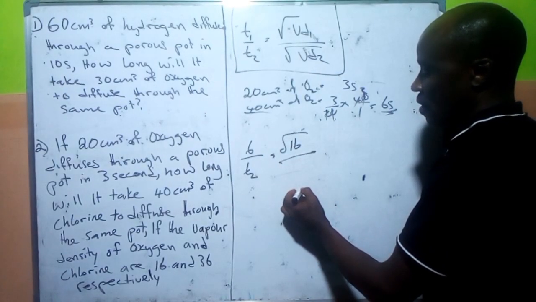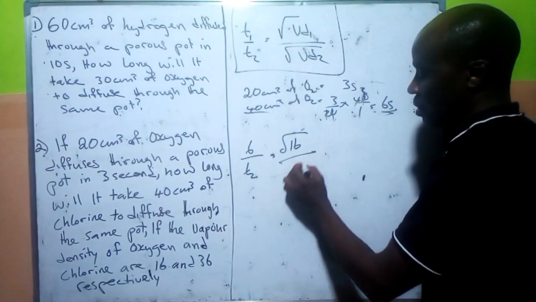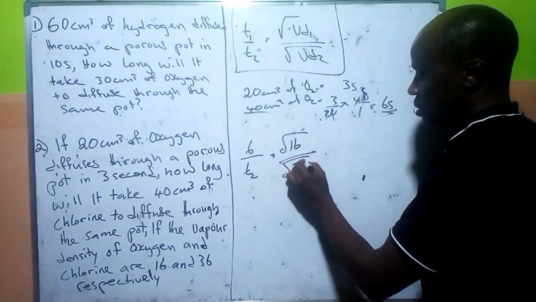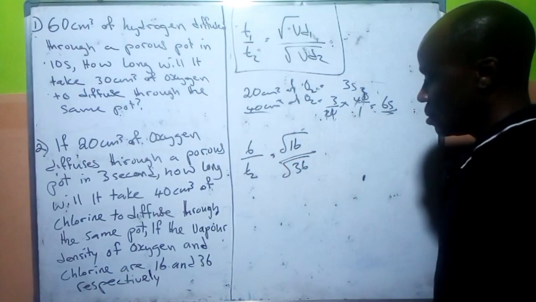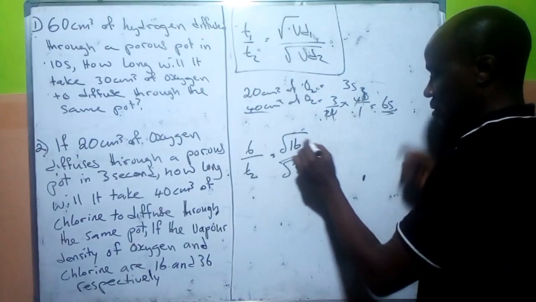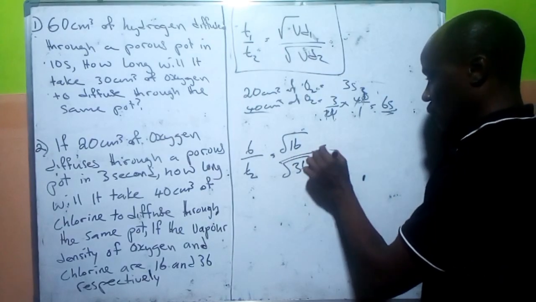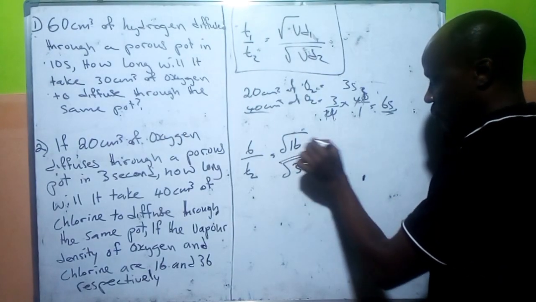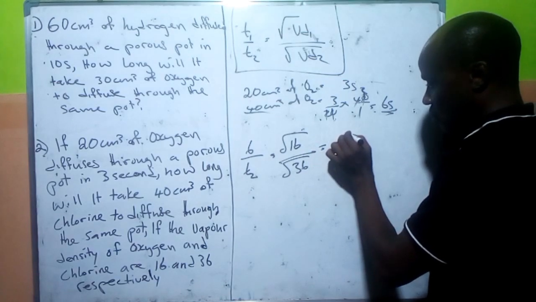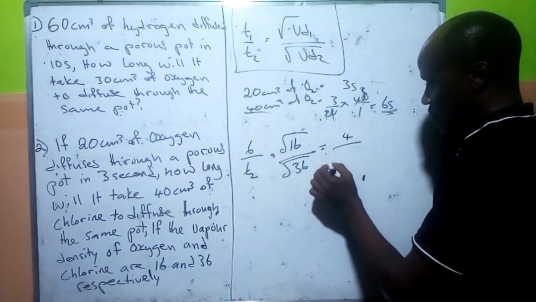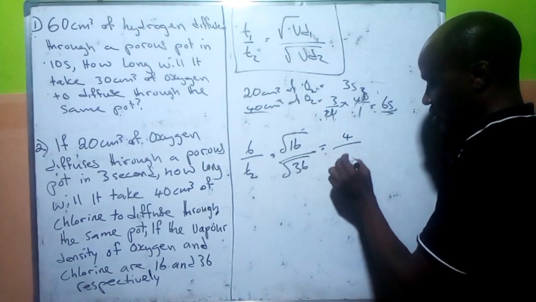Then the vapor density of chlorine is 36. So it seems that this one has a square root. The square root of 16 will be 4. The square root of 36 should be 6.